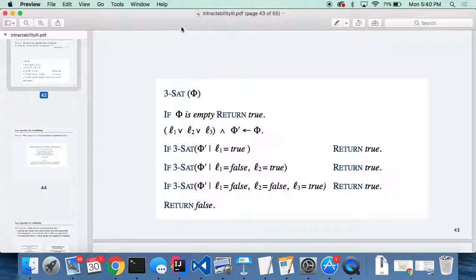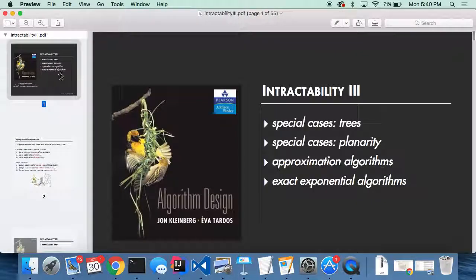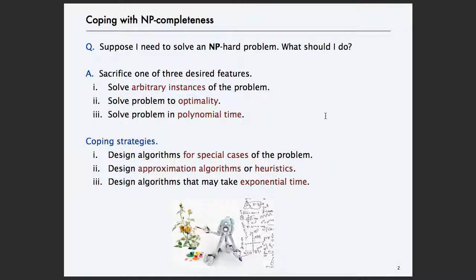We have tons of time now. And I loved this. This is kind of the super important corollary of NP complete. What do I do if I have an NP complete or an NP hard problem?